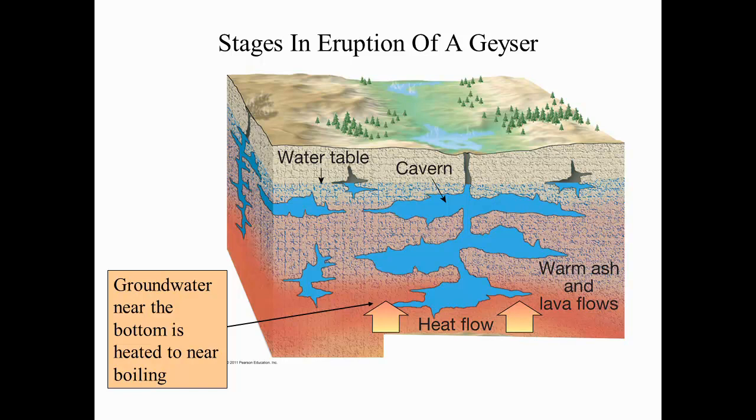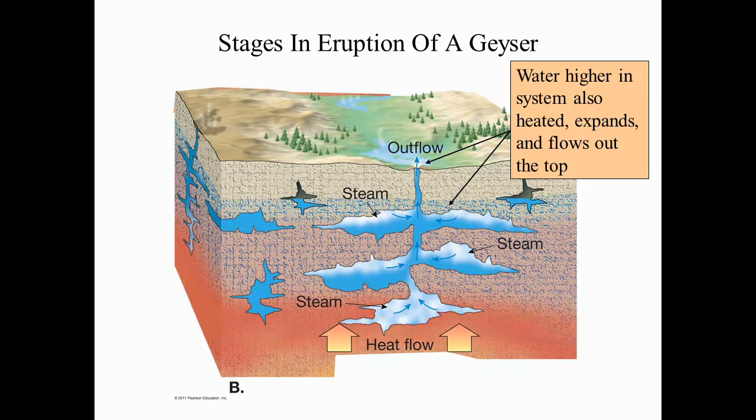Stages in an eruption of a geyser. This, for example, applies to Old Faithful in Yellowstone National Park, where it's underlain by warm ash and lava flows. And notice there's a network of caverns that are filled with groundwater. Groundwater near the bottom becomes heated to near boiling.